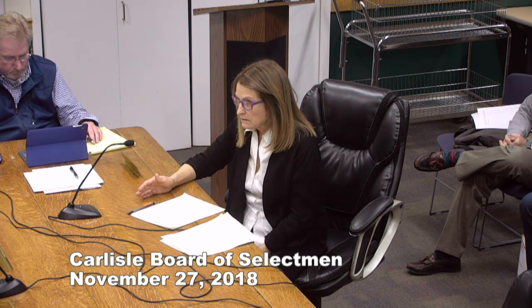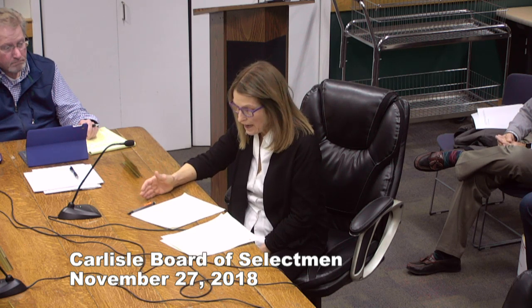The 10 deer that were killed in the deer hunt is minimal, has minimal to no influence on the total number of deer that Carlisle will have.